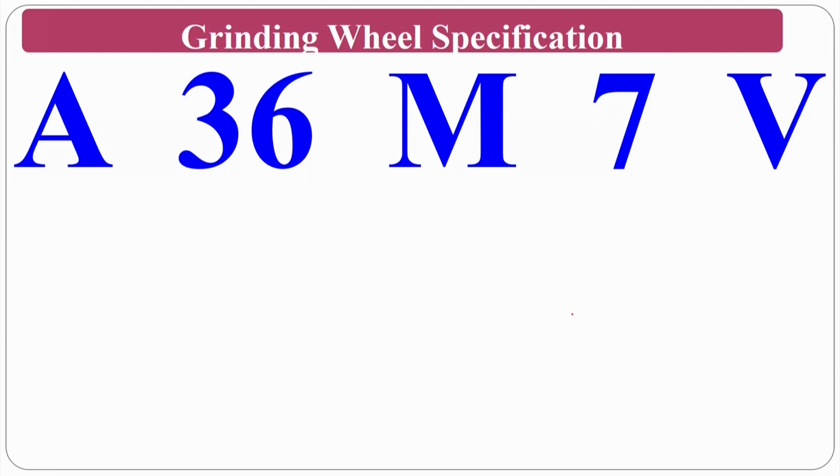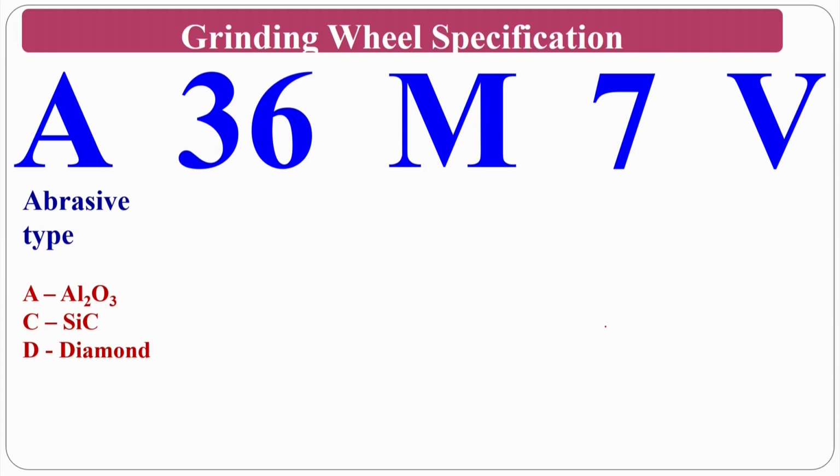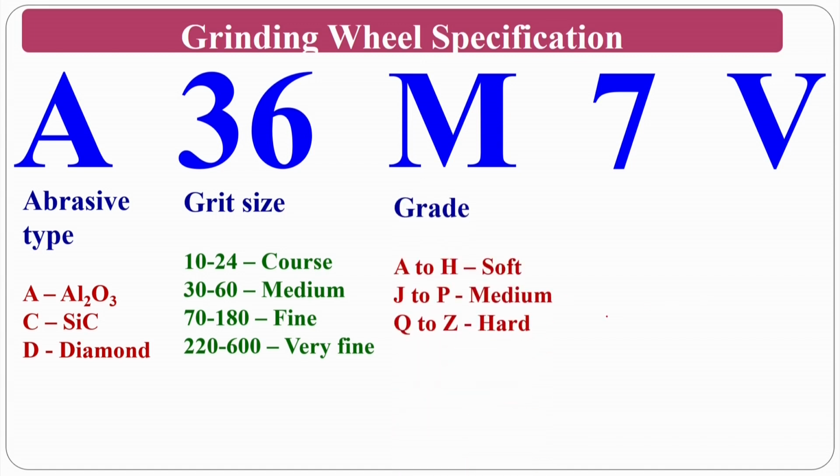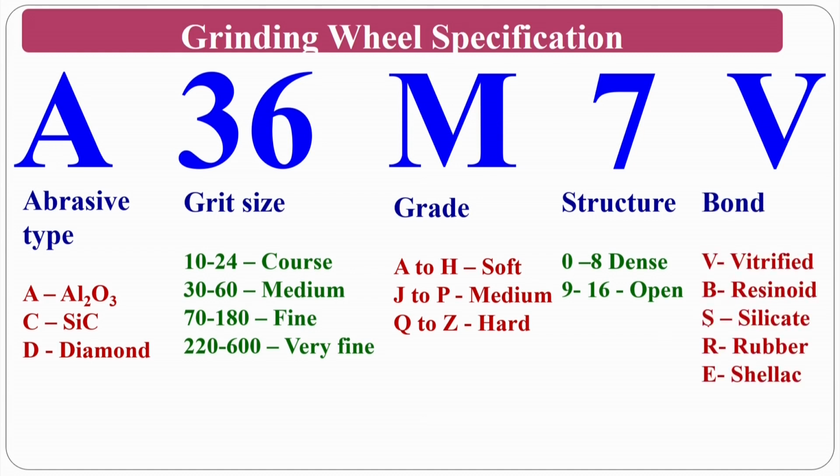If you see A36M7V, I am taking an example and I will explain it. A stands for abrasive type, 36 stands for grit size or particle size, M stands for the grade, 7 stands for the structure, and V stands for the bond type. There are varieties of abrasives.